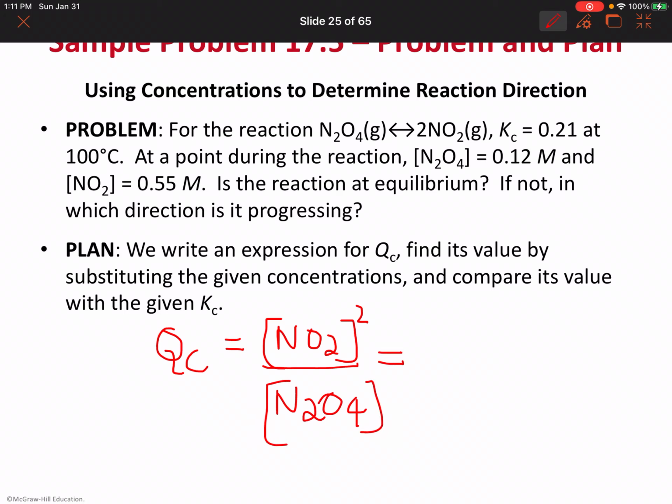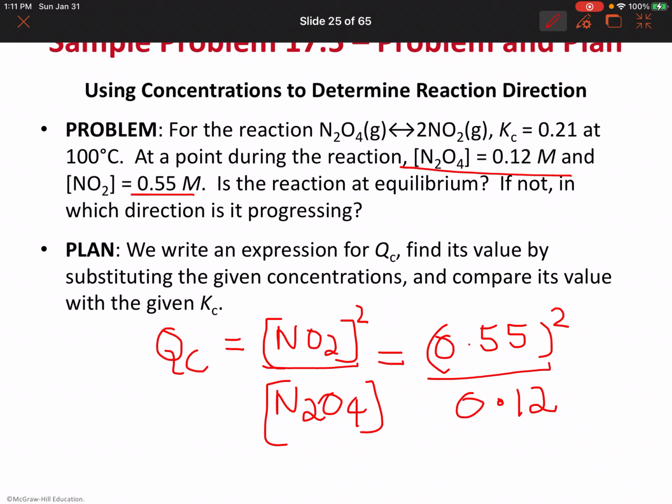So NO2 is 0.55 and N2O4 is 0.12. Now do this calculation and tell me what number you would get. Take your calculator and go ahead and do it. What is that number? Is it going to be greater than Kc? Kc is given to us as 0.21. What would you get? You should be getting a number of 2.5.